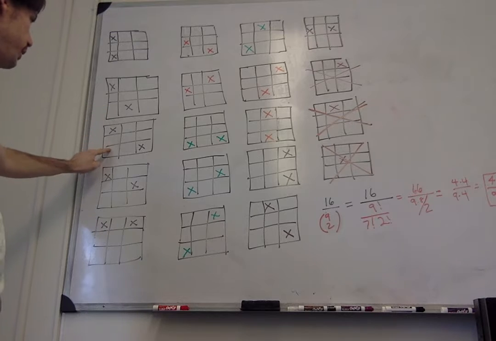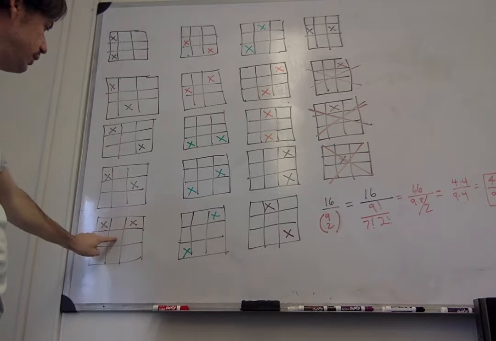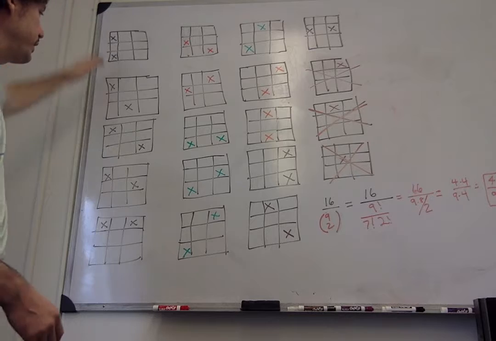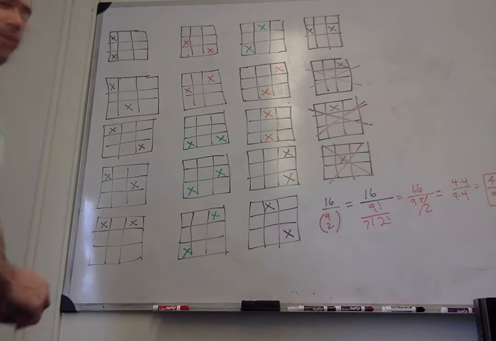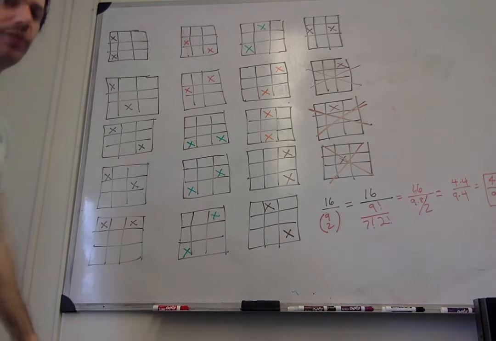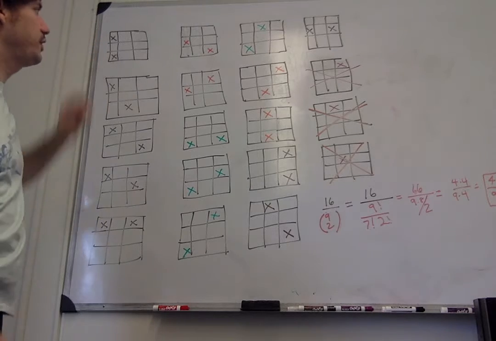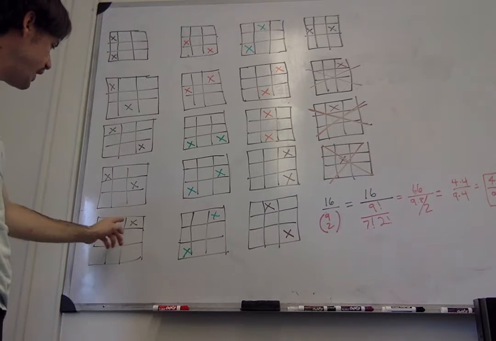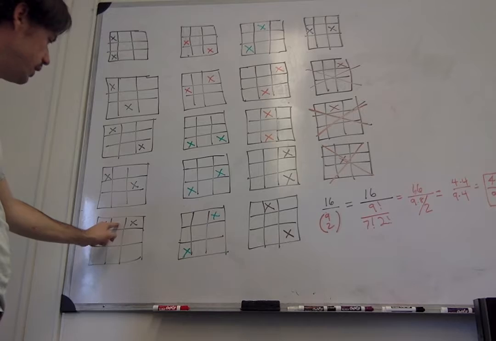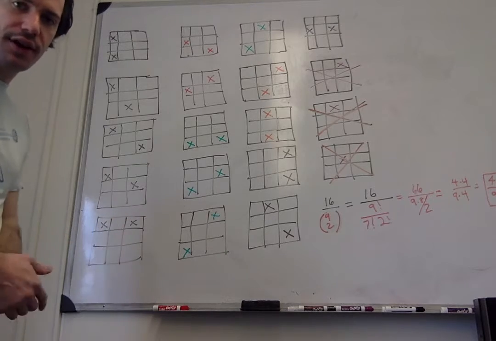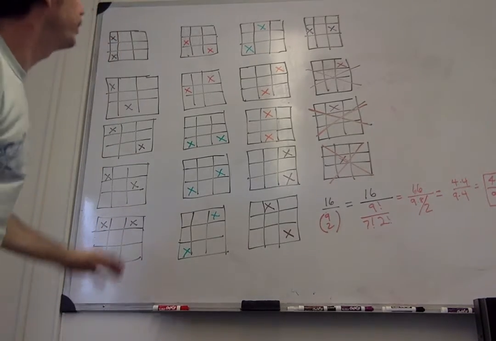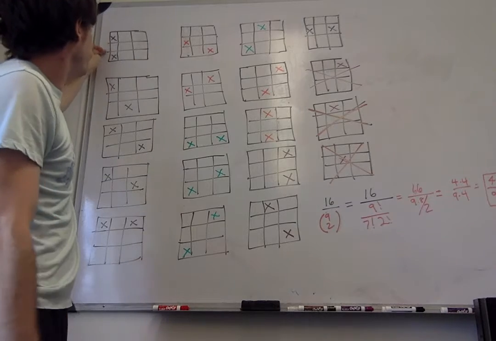So here's another one. Here's another one. Here's another one. So that's 5 pictures where I have one electron in the top left. Can I do any more? Well, no, I can't. If I try putting the second one right here, then they're next to one another, and I can't do that. So let's move the first one down.